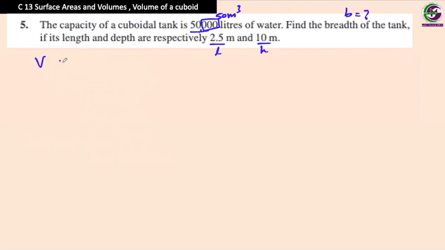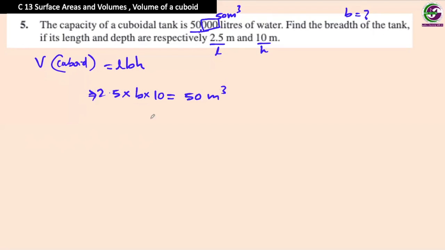So once again, volume of cuboid is LBH, and we have the length 2.5 times breadth, which is missing, times 10 is equal to 50 meter cube. So B is equal to 50 divided by 2.5 times 10, which is 25. So breadth is equal to 2 meters.